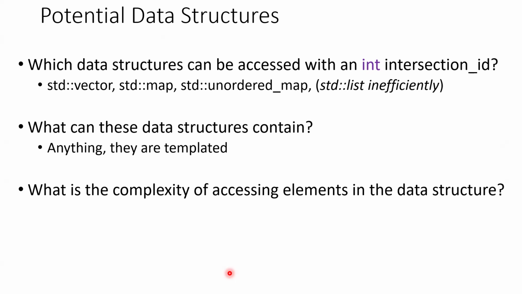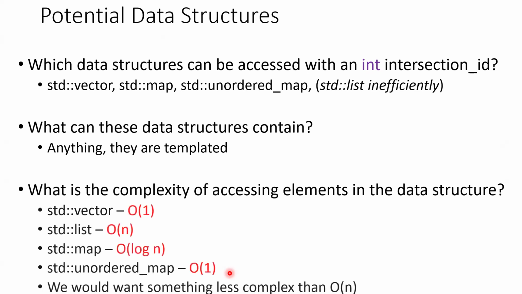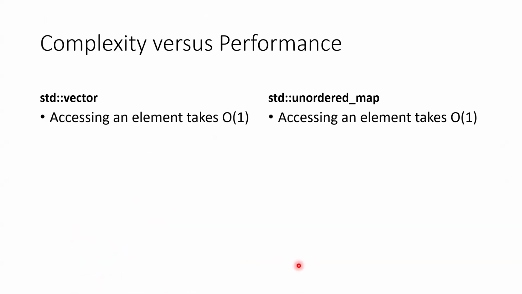So if we want to access any element in the data structure using an integer, here are the complexities. O(1) and O(1) for vector and unordered map. List is O(n), map is O(log n). And we want something less complex than O(n). So we compare the two O(1)s.